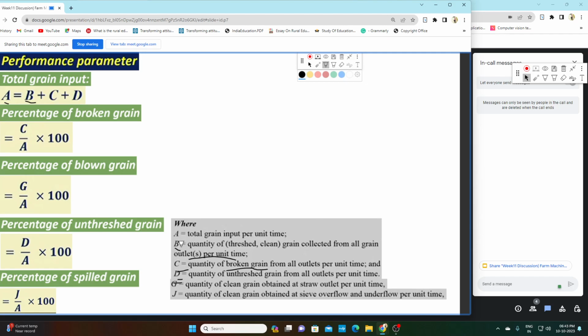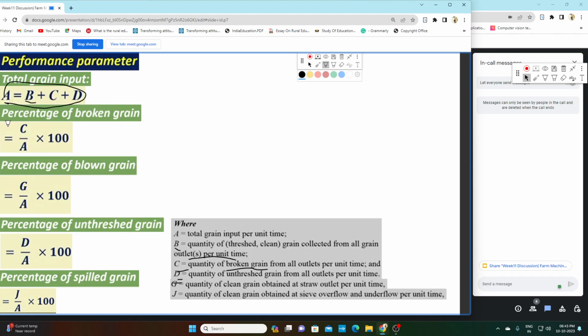So total grain input A equals clean threshed grain B, plus broken grain C, plus unthreshed grain D.